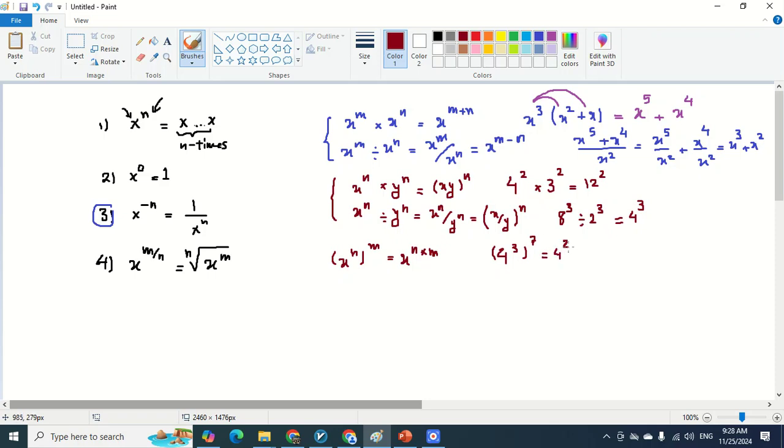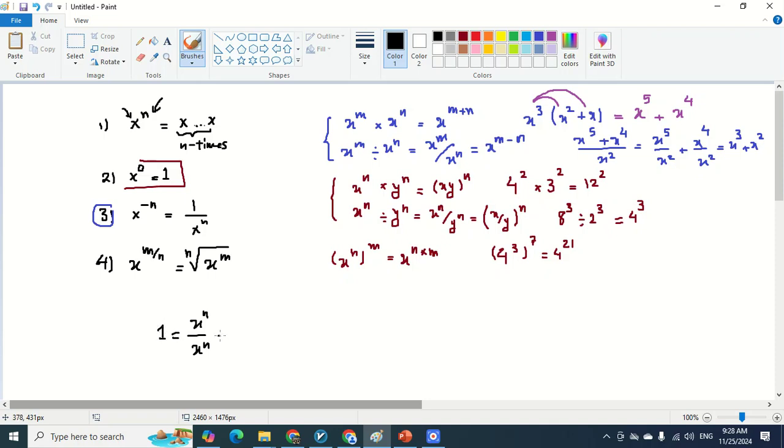So you can see that by using these rules, we also get x to the power of 0 equal to 1. It's very simple to see that if we have, for example, x to the power of n over x to the power of n, then as you can see the expressions are the same and the result should be equal to 1.